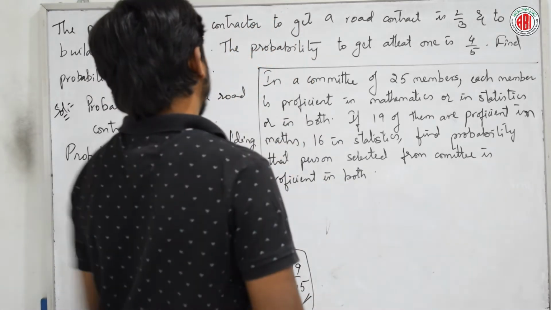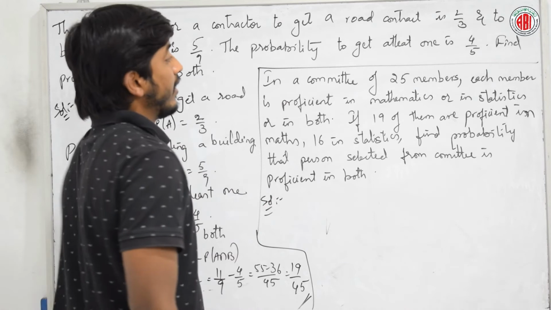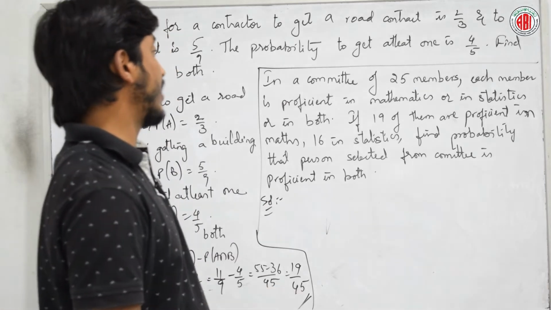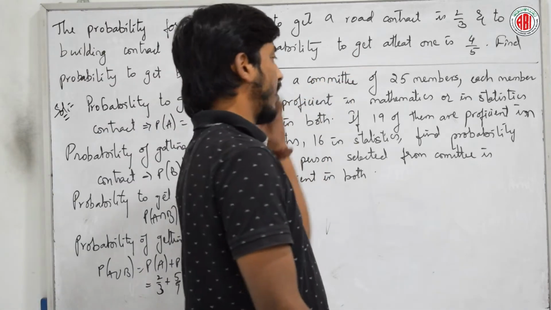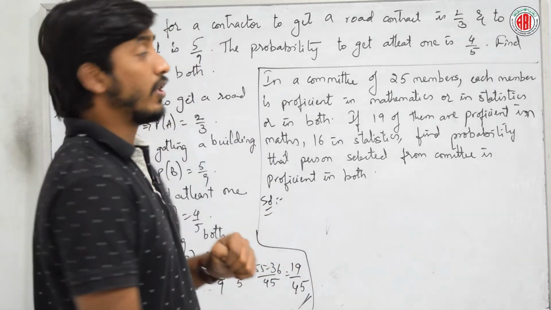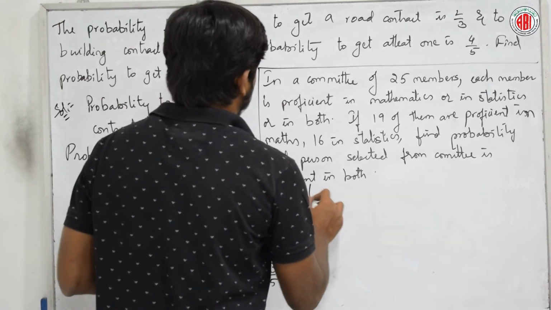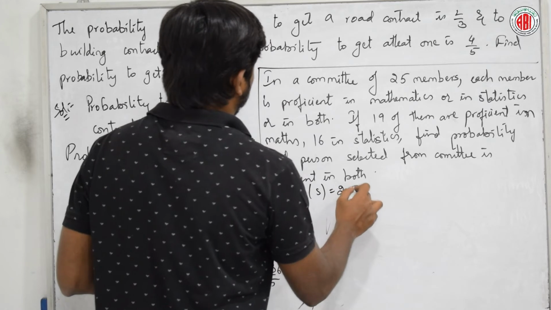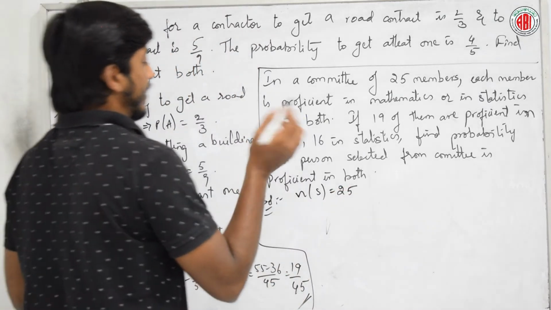Fine. Look at the next question here. In a committee, there are 25 members. Each member is proficient either in maths or stats or in both. So, the total number of the sample space is 25. Let us say maths and stats.